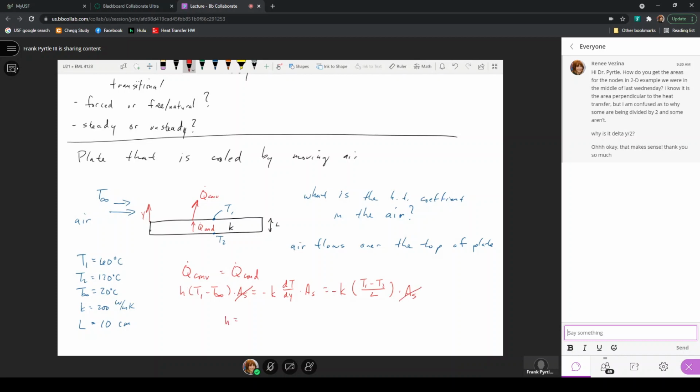And this says that the heat transfer coefficient will be minus k (T1 minus T2) divided by L, divided by (T1 minus T infinity). So with the thermal conductivity, the temperatures, and the thickness provided, we can find the heat transfer coefficient. This is just based on conservation of energy applied at this surface here.